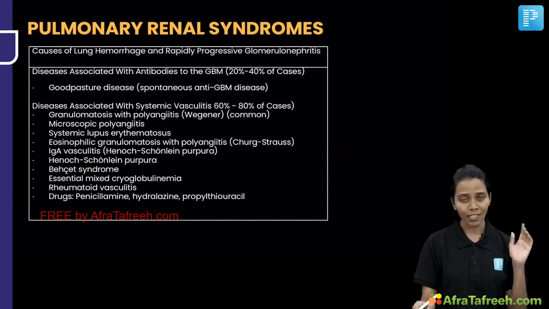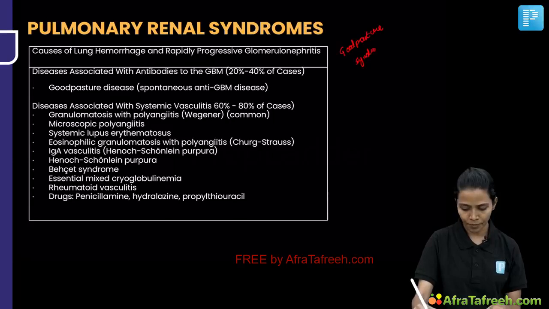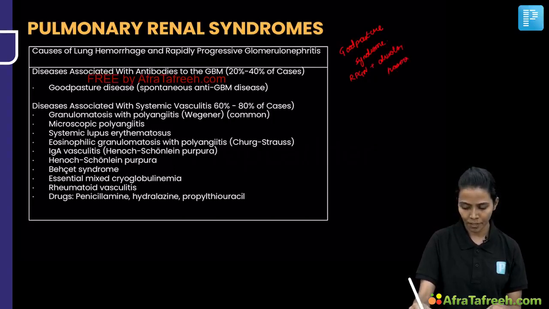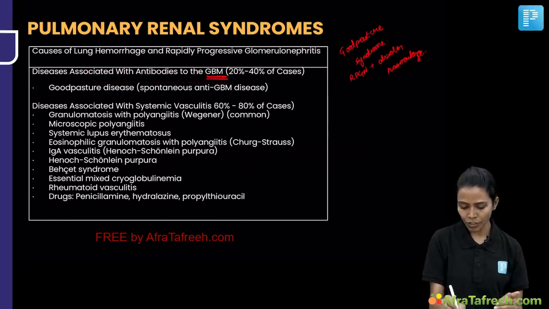Now important are the immune causes. Once you come to the immune causes, you call it Goodpasture syndrome. So this is RPGN plus alveolar hemorrhage. Under that, we know if there are antibodies to the GBM, it becomes Goodpasture disease.